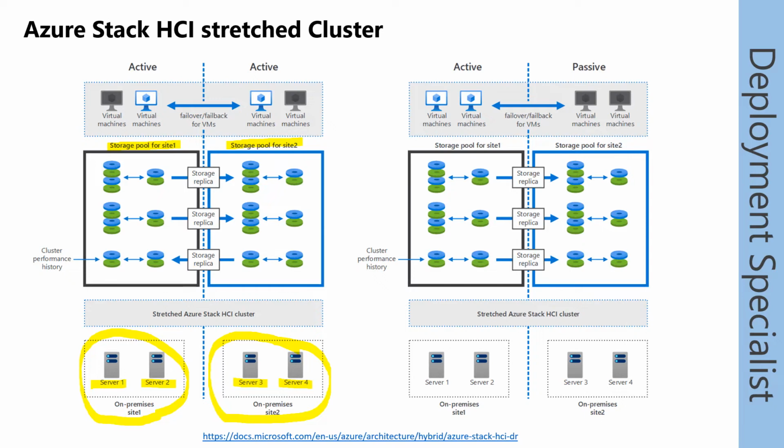And in site 2, we have 2 servers where we can survive additional failures. Because in site 2, we can also lose one server without losing the pool quorum, without violating my resiliency level.